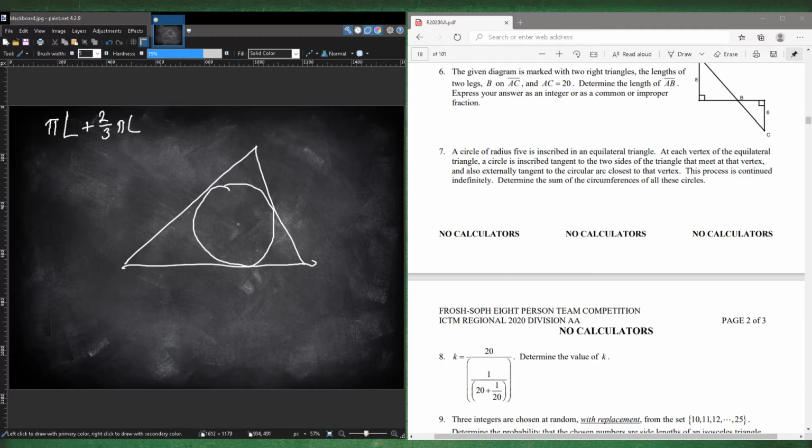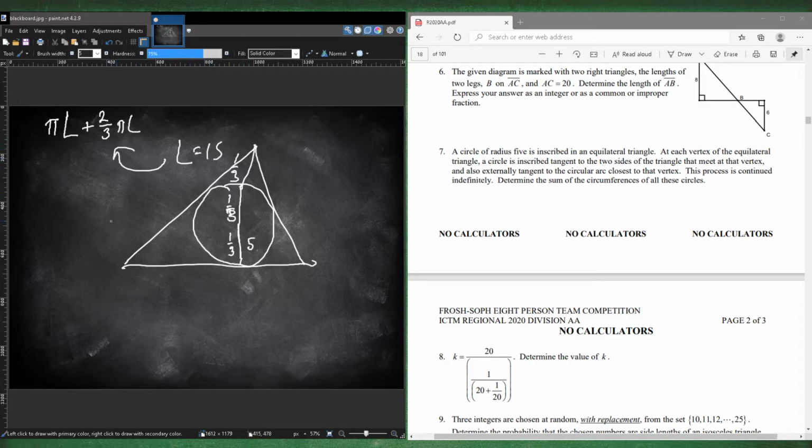And this is radius 5, and this is 5. Remember I said that this is 1/3 of the length, and this is also 1/3 of the length, and then this is also 1/3 of the length when I made the height. Since this is just 1/3, we just need to multiply by 3 to get the entire length, which is 15. So our L is equal to 15, and that's basically it.